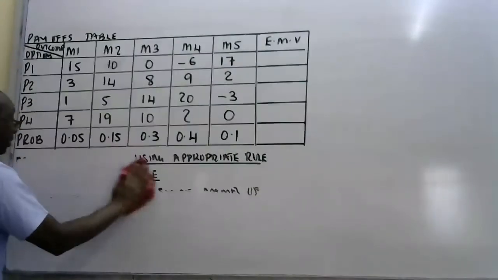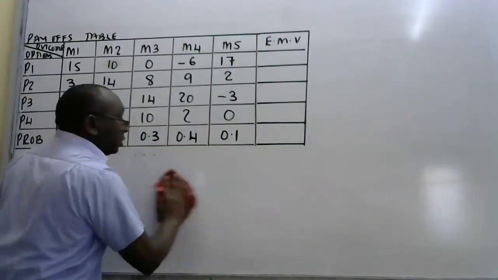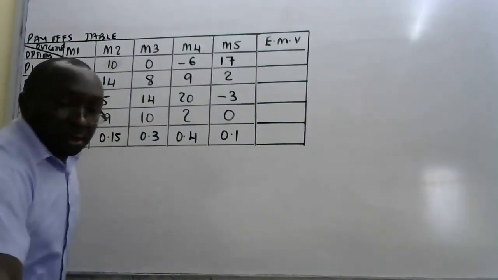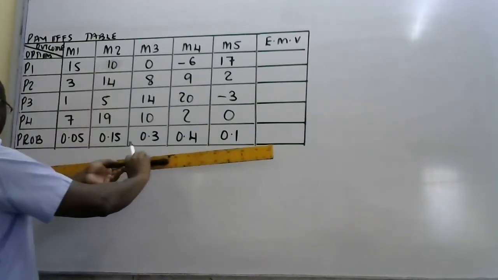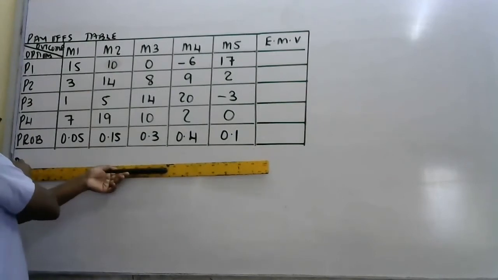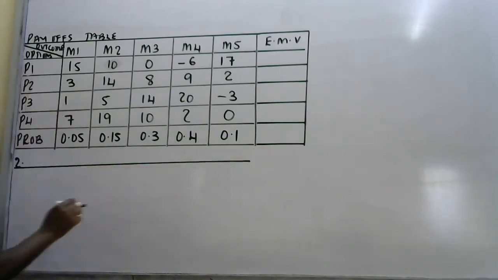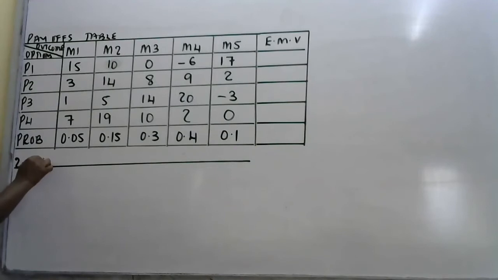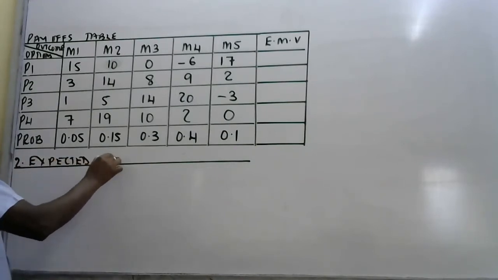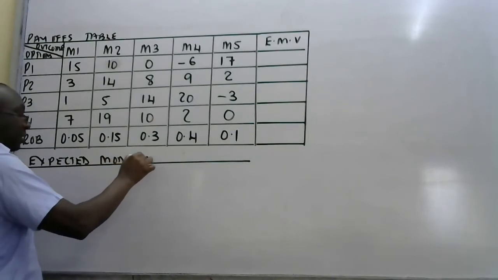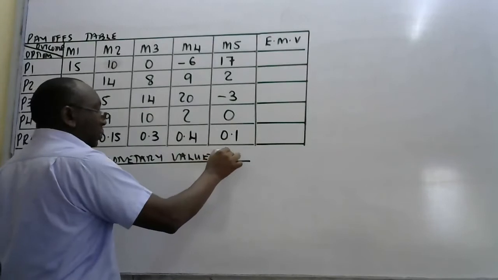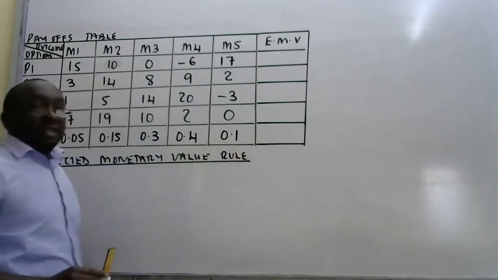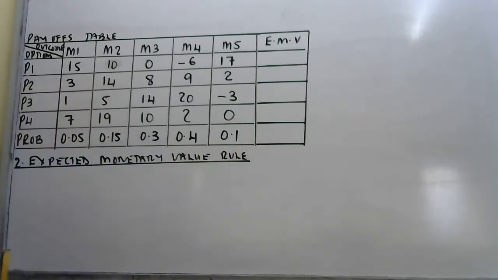Let's go to rule number two. Number two is called expected monetary value rule. The EMV, expected monetary value rule.